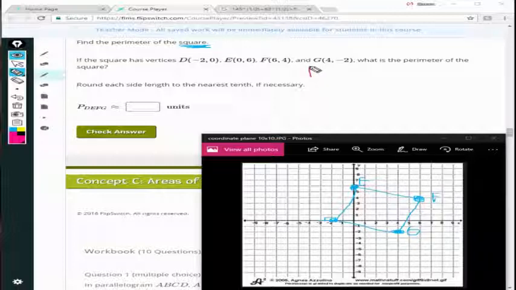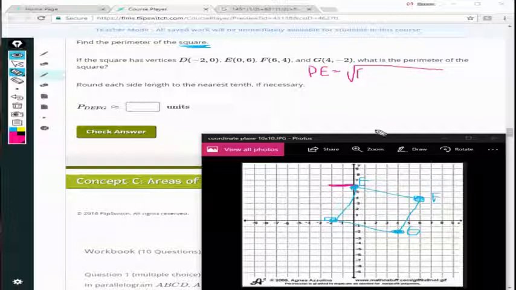So I'm going to have DE. That looks like a P, but I promise it's a D. DE is going to equal the square root of the horizontal distance. So the horizontal distance is going to be 2.